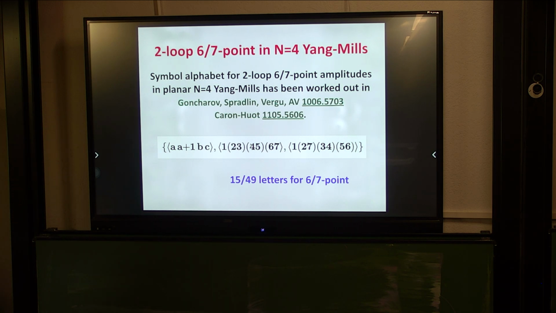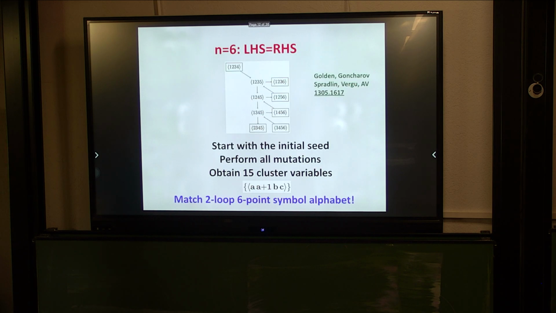Anyway, somebody, meaning us and also Simon Caron-Huot for 7 points, did the hard calculations, and our calculation was based on somebody else's even harder calculations, and got these letters for 6 and 7 points at 2 loops. That's a physics result, the left-hand side, and now we compare it to the right-hand side.